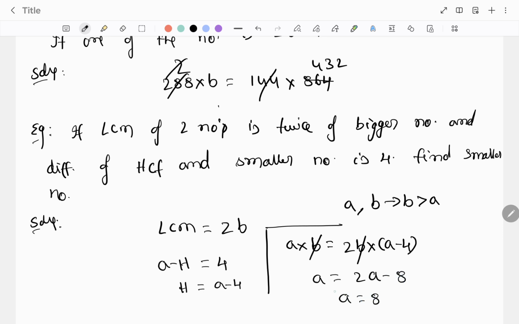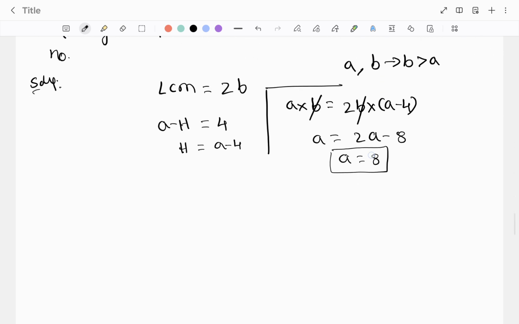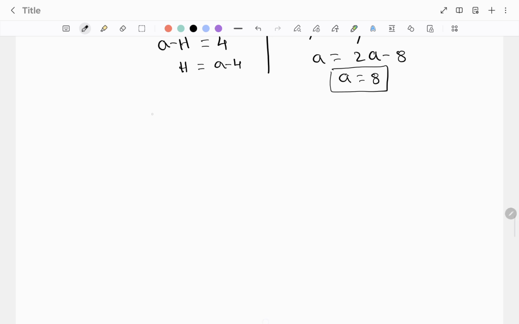They are asking about the smaller number. We assumed the smaller number to be A, so we got the answer. We'll see a small concept. Again I am taking 12 and 18. What is the HCF? HCF is 6. It goes 6 twos and 6 threes. So the ratio of the two numbers is 2:3 and HCF is 6.